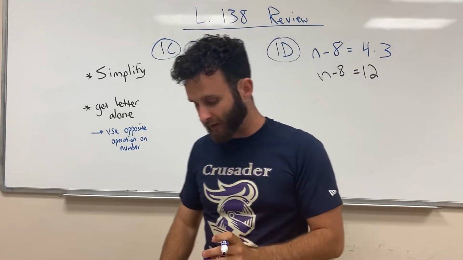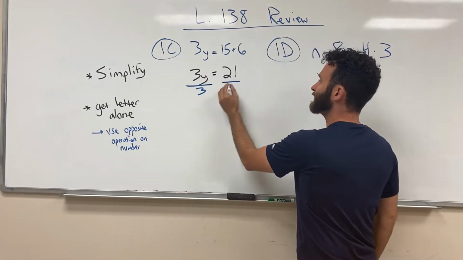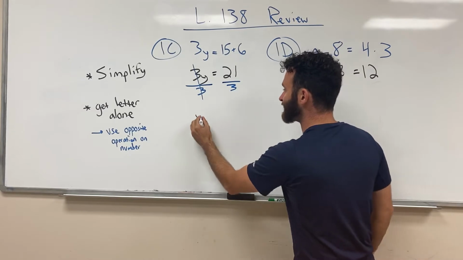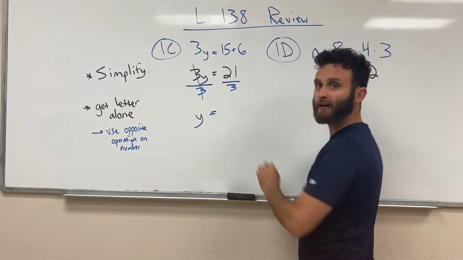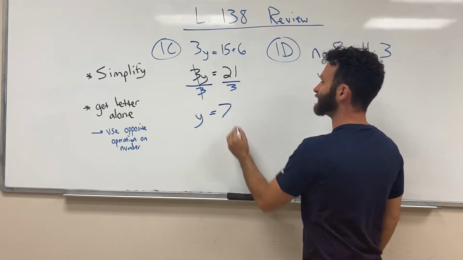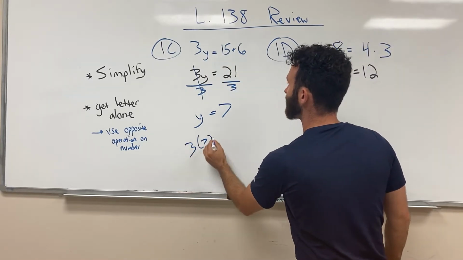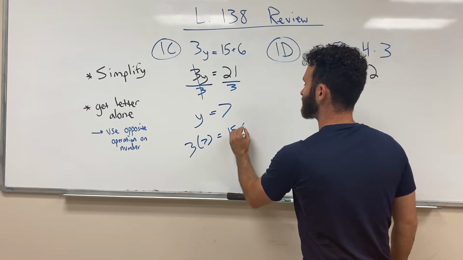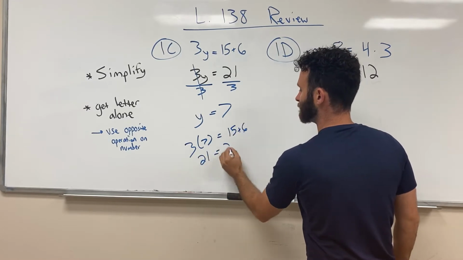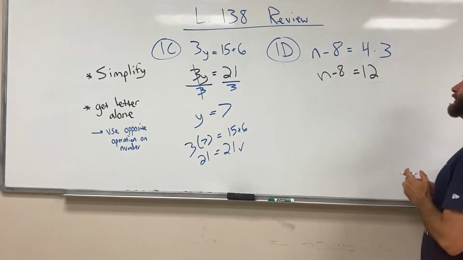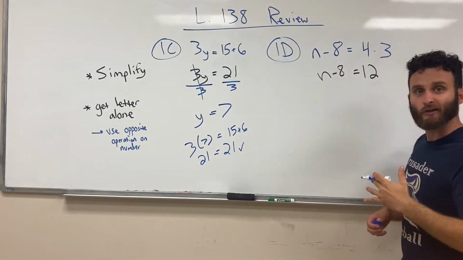We have to do it to both sides, okay? 3 divided by 3 is 1y, so y is left over. And 21 divided by 3 is 7. To check our answer, 7 times 3, does that equal 15 plus 6? Yes, it does, okay?